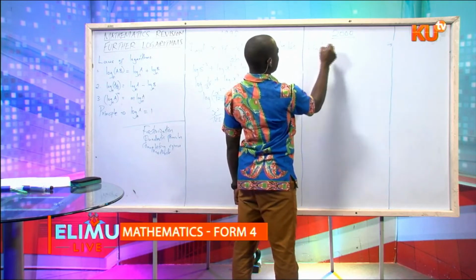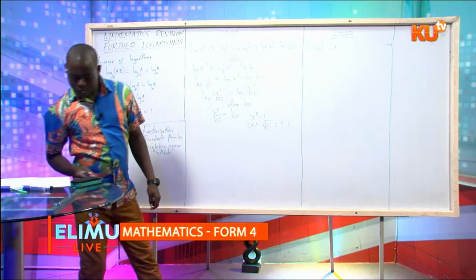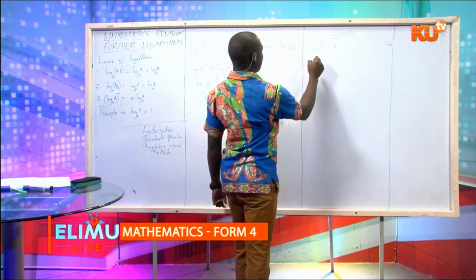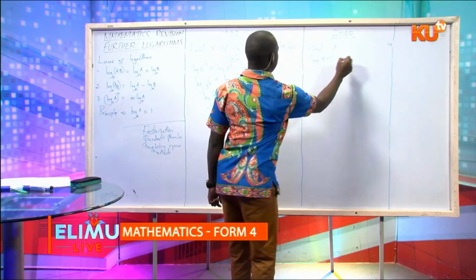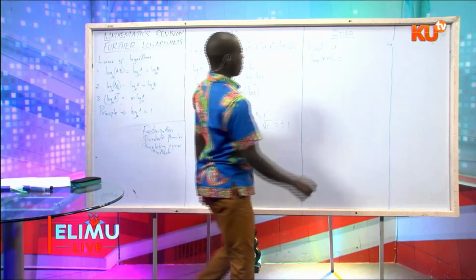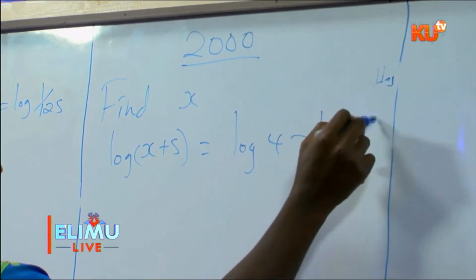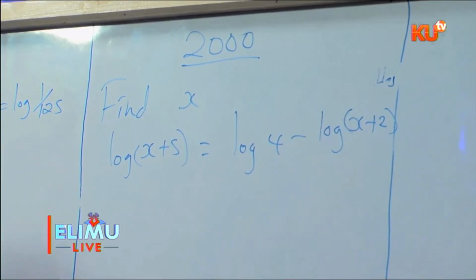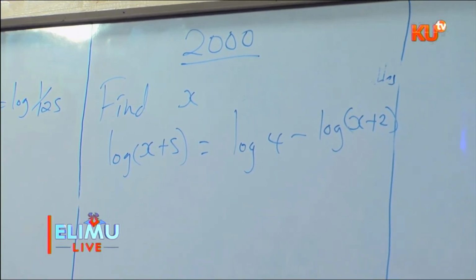You find x, and you are given log of x plus 5 is equal to log 4 minus log of x plus 2.